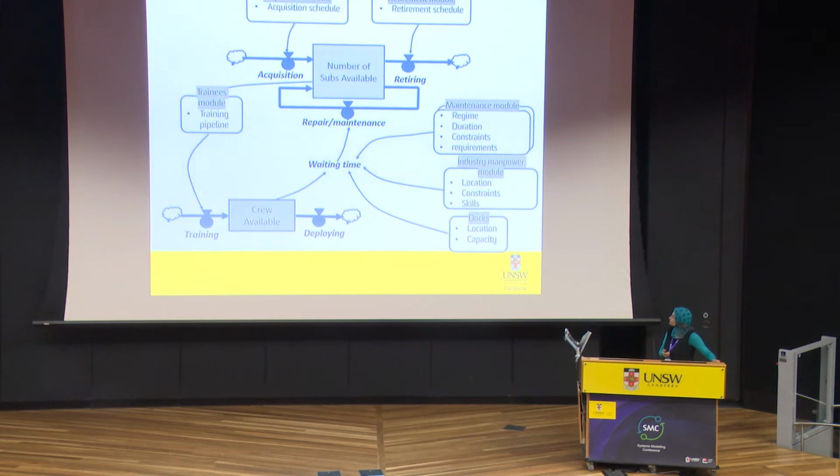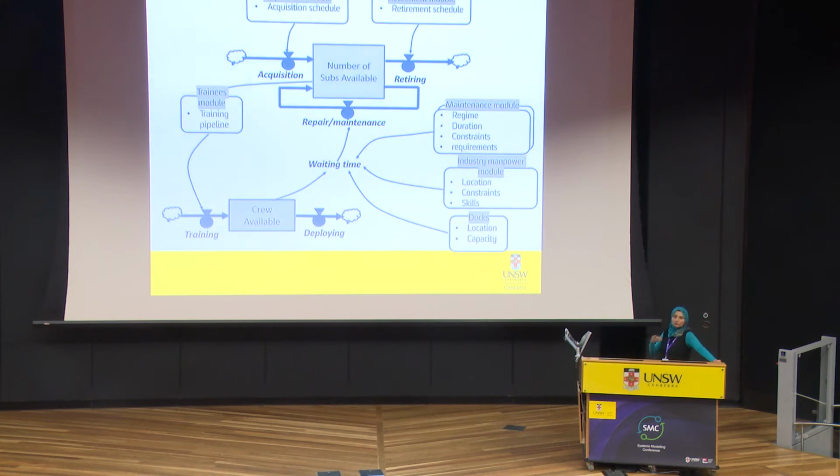But how well the maintenance activity actually works is depending on the resources that is needed to accomplish the maintenance process. In the current version of the model, we are looking at two types of resources: the infrastructure, which is the docks needed to do the maintenance, but there is also the industry manpower. So what the model does, it allows the end users to set up locations for the docks, associate them with industry manpower, set constraints on the availability of the manpower by skill type.